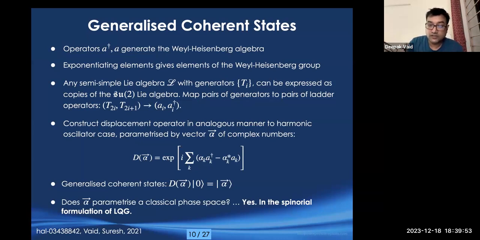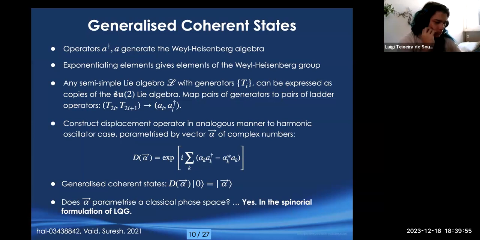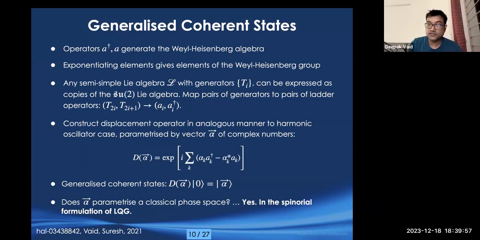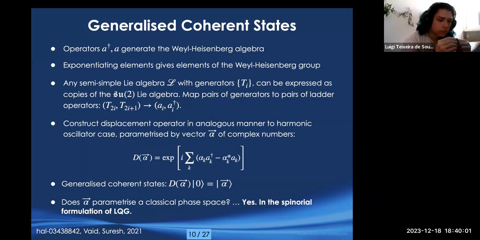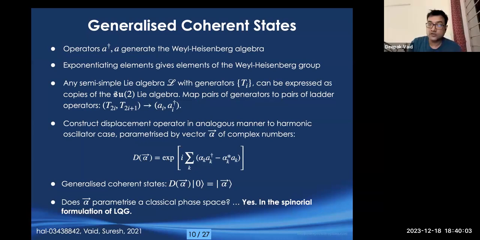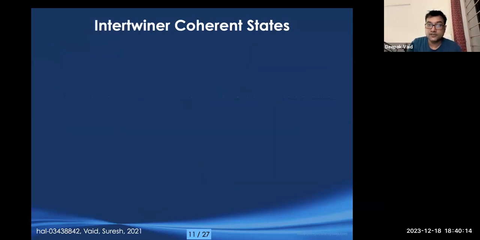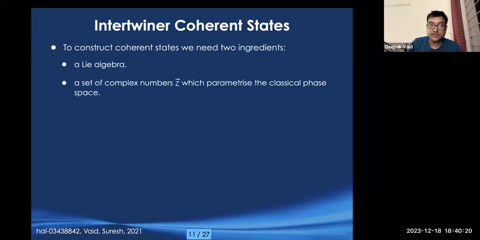That is why this spinorial formalism of LQG is necessary. In the spinorial formalism, this correspondence exists between these n complex numbers and a point in the classical phase space of loop quantum gravity. So we're going to use these to construct these intertwiner coherent states, right?